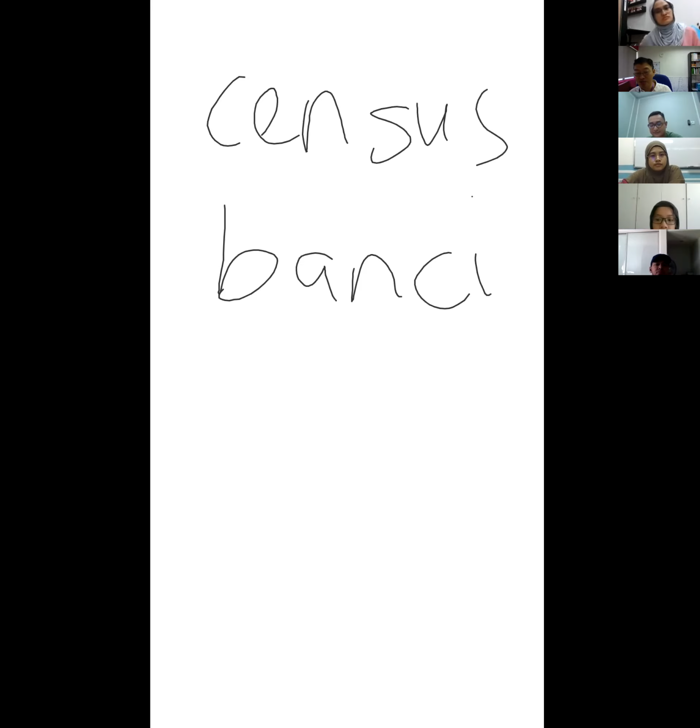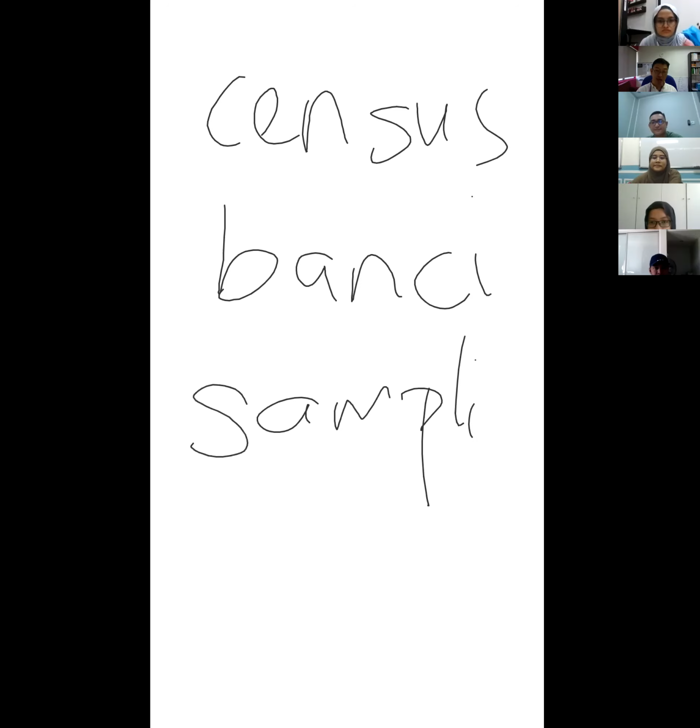After 5 years only we can get the report. So it takes a long time and a lot of cost. Therefore we do sampling. With sampling, we take one sample out, and then from the sample we generalize.